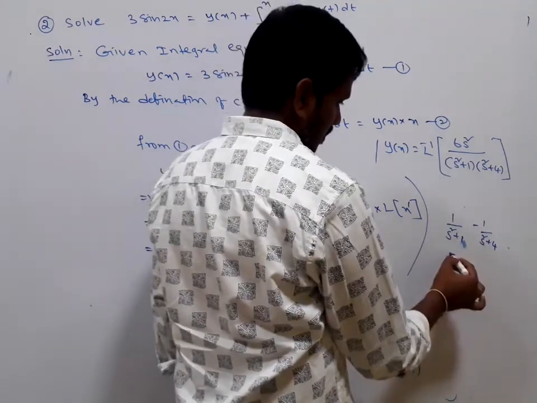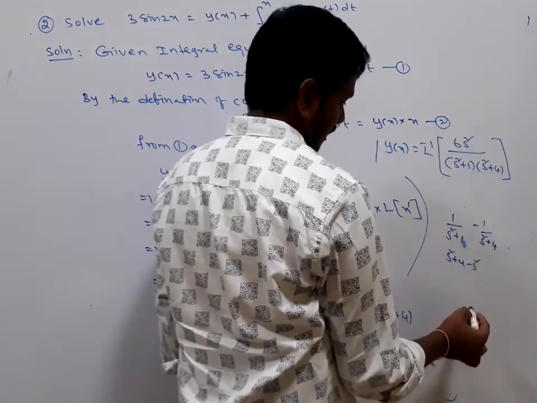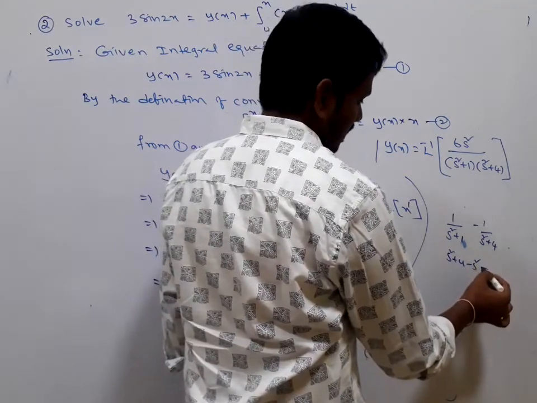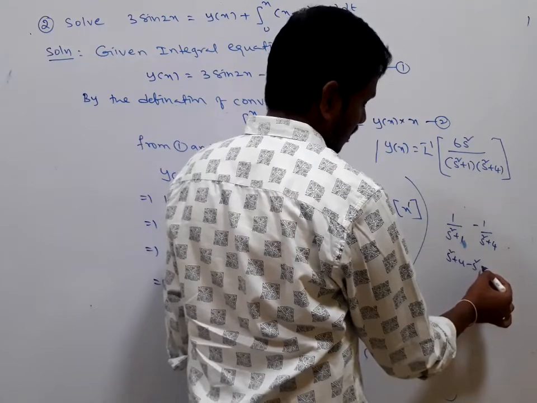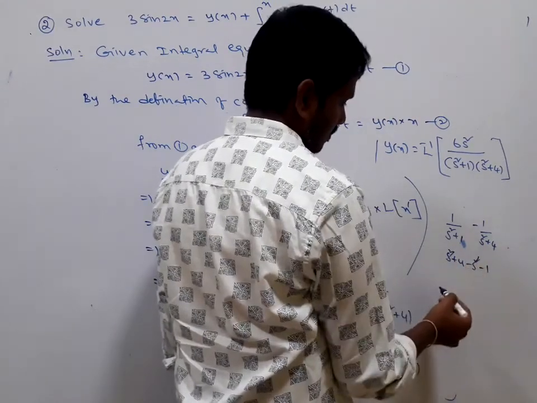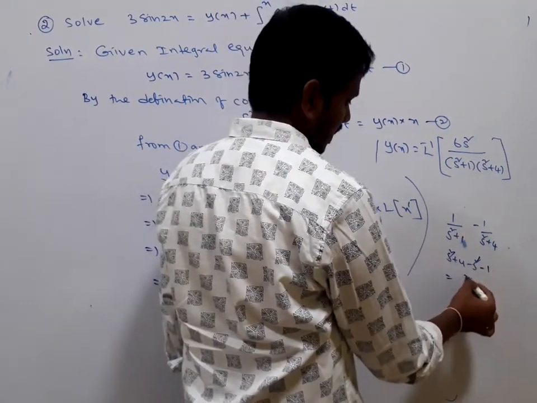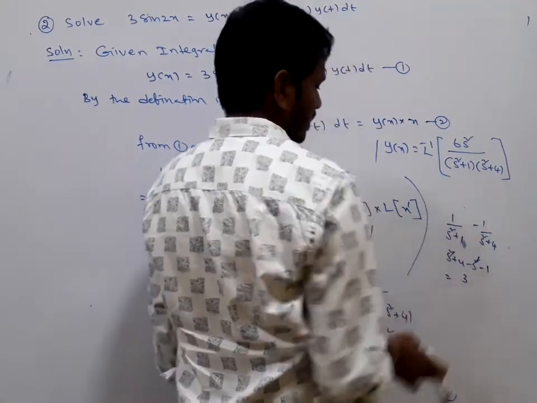So we have s square plus 4 minus s square minus 1, it is 3. Okay, it is 4 minus 1, it is 3. We can write it as 2s square.